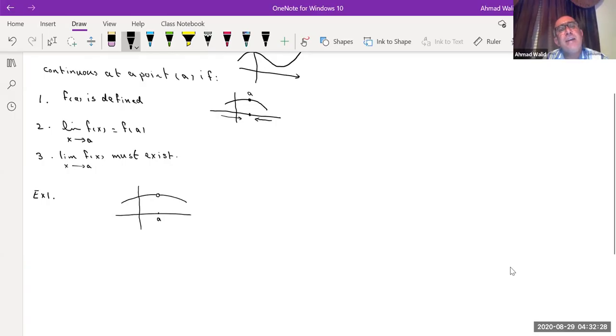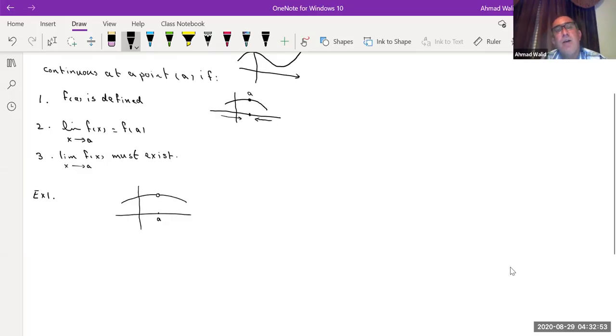f of A is defined, correct? As f of A is defined, as A is on the graph, you see here I used an open circle. It shows an open circle in a graph. When you see it like this, it means there is a hole in your graph, correct?